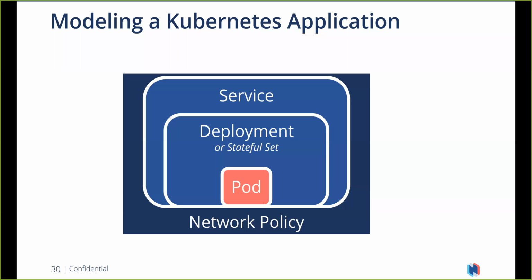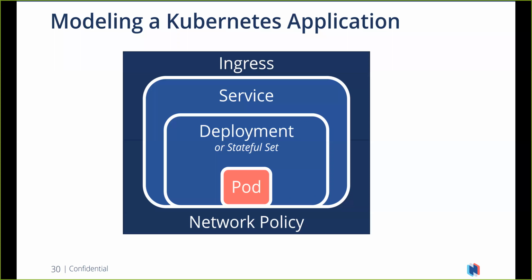Next, you could define network policies. So within your application, if you want certain services to talk to each other and other services not to talk to each other, you would do that using network policies. And finally, you would define an ingress, which is what provides a path into your application from the outside. So this could be coming from external internet traffic or other traffic from within your enterprise, of which your application is servicing.